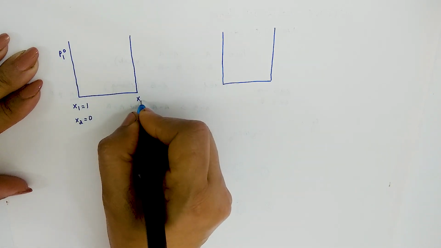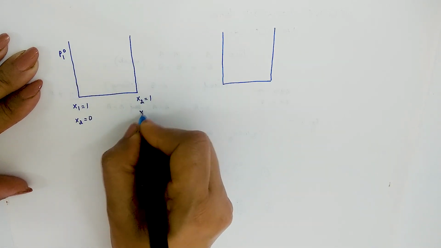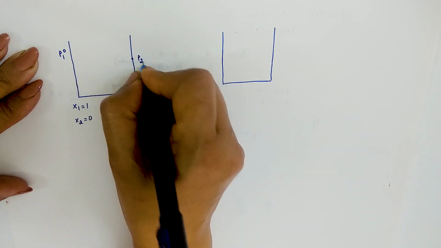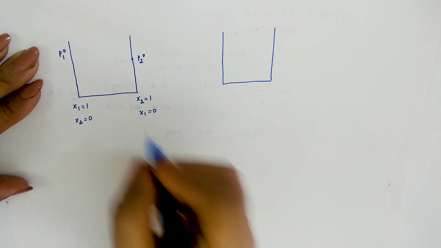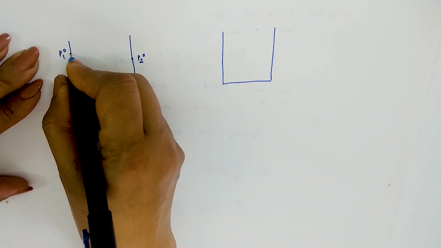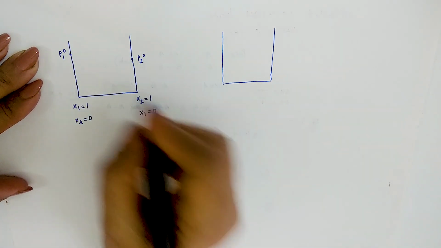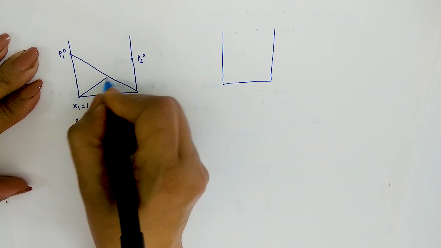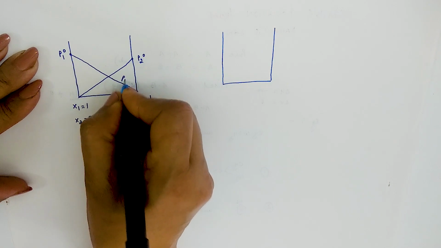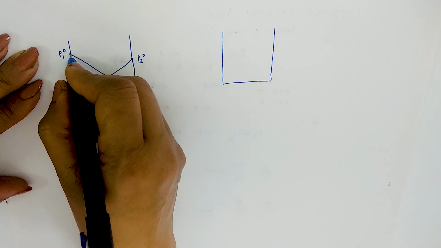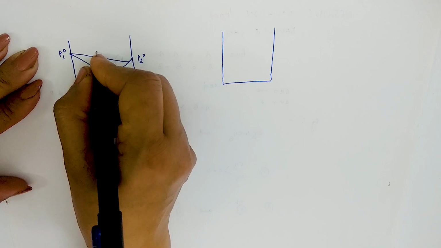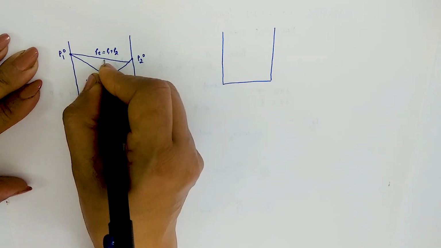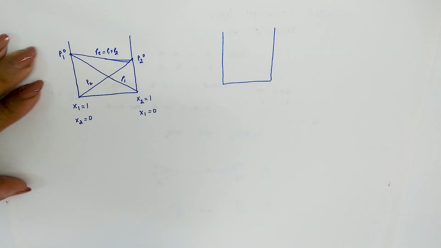At this point x2 is 1 and x1 is 0. Suppose I am taking this as P2 naught. Now this is P1 naught, and this is P2 naught. When they are mixed, what I said for Raoult's law, this is the case. This is P1 and this is P2. When you add them together, P total is equal to P1 plus P2. Hope this was clear to you when I drew it.